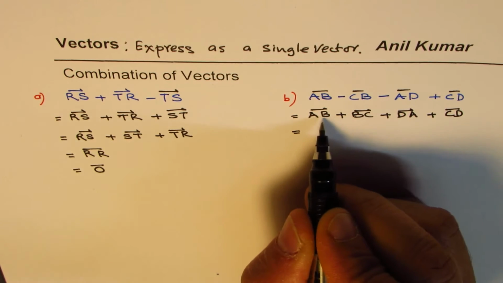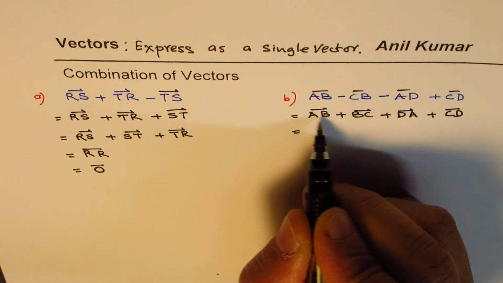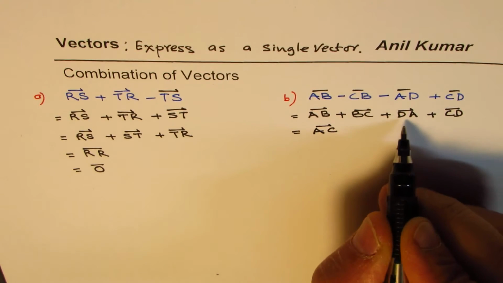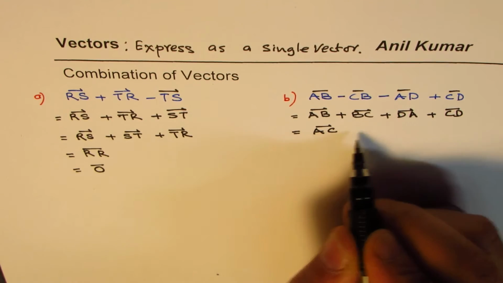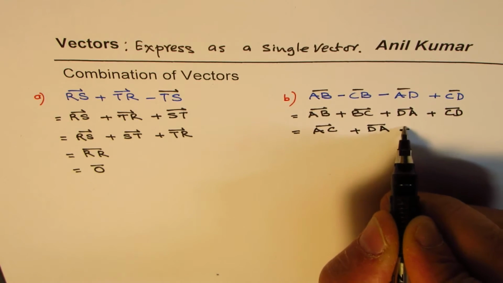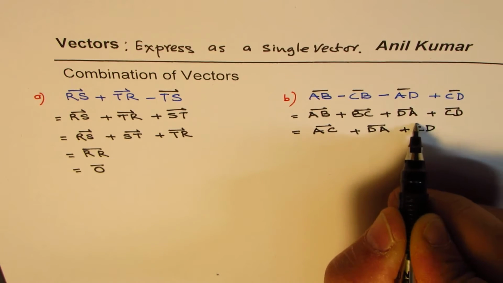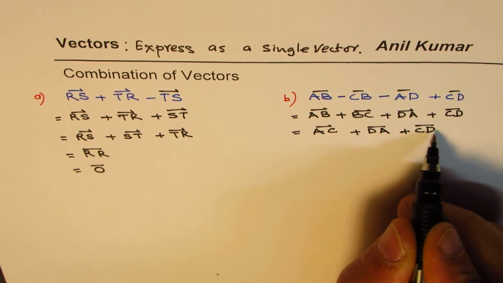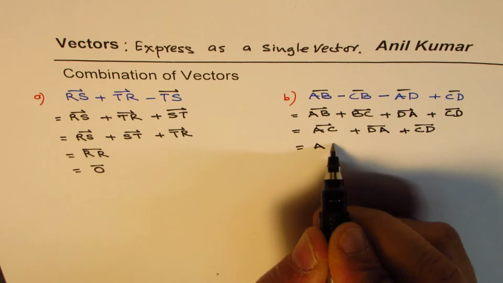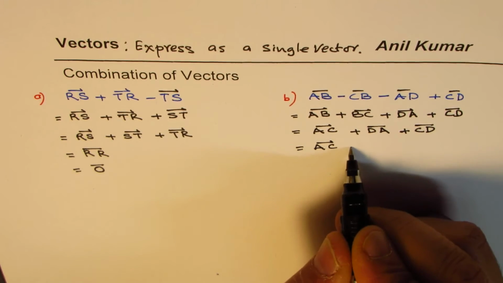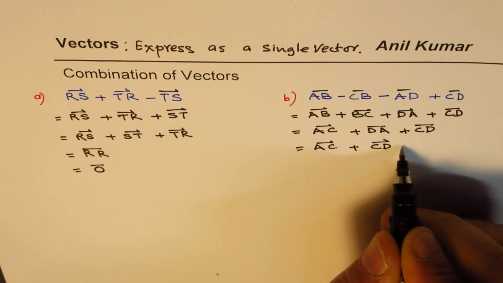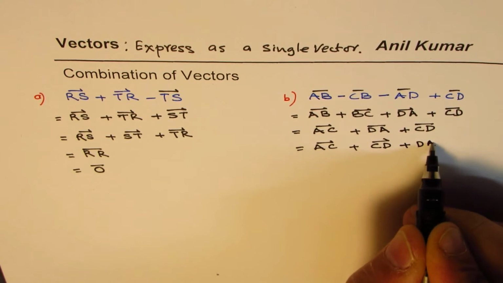Now A to B and B to C really means, if you combine this, it means A to C, right? So let me combine by 2's first. So A to B, B to C means A to C, right? Here we have D to A. Let me just write this first. We'll do one step at a time. Plus C to D. Now D to A, C to D, we could rearrange and we could write this as A to C and then plus C to D, and then from D to A, right?